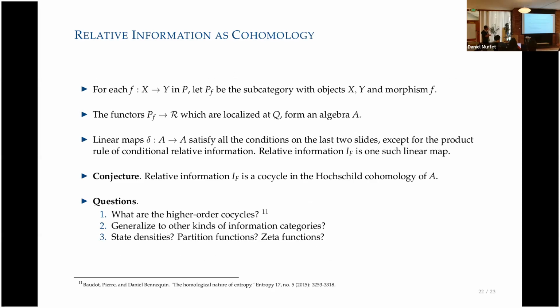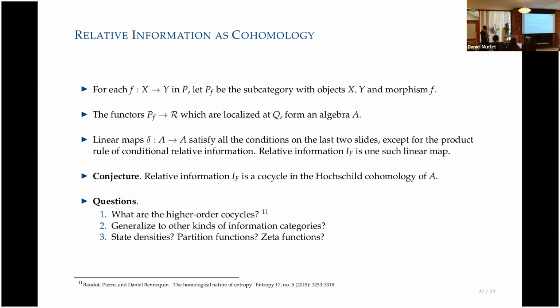And it turns out the algebra in this case is the algebra of these functors from these very simple one morphism categories to the dual numbers. You can multiply morphisms, so you can multiply these functors together. It feels very ugly at this point. I'm not sure if this is the best way to do it, but if you look at the cohomology of the underlying algebra, you will get precisely KL divergence.